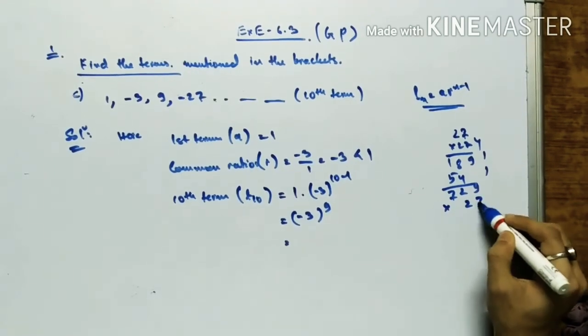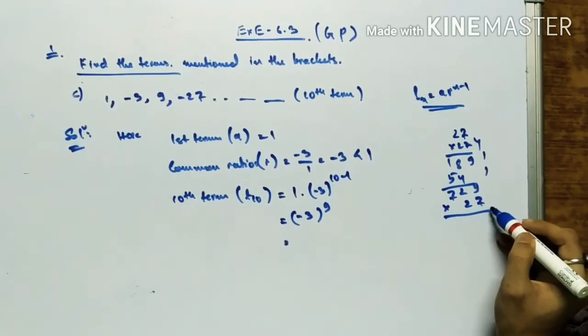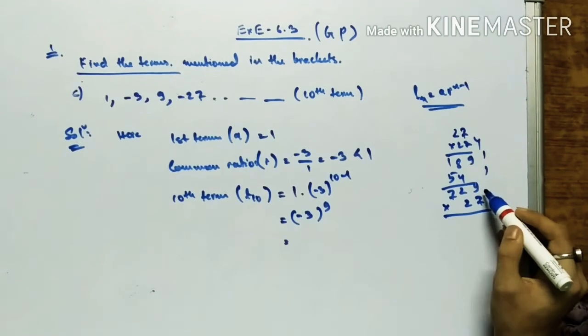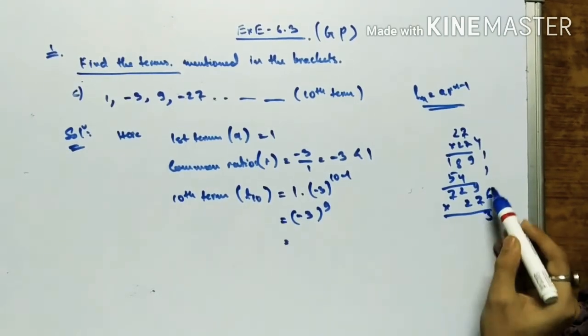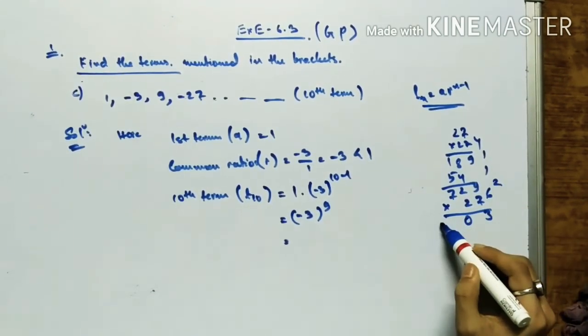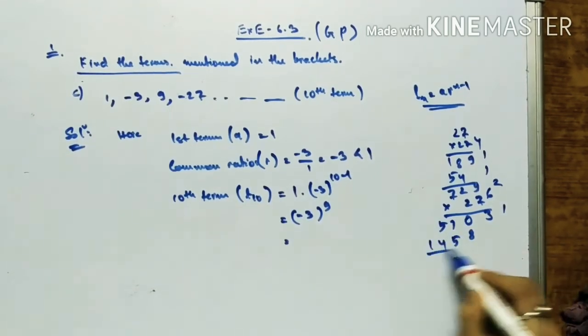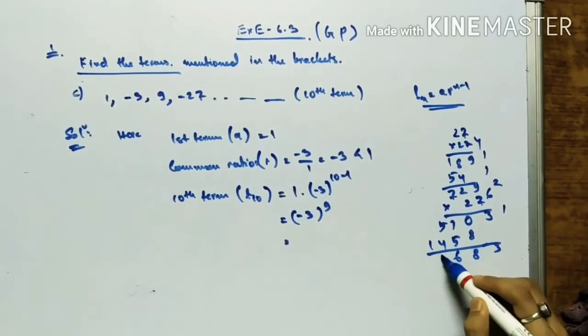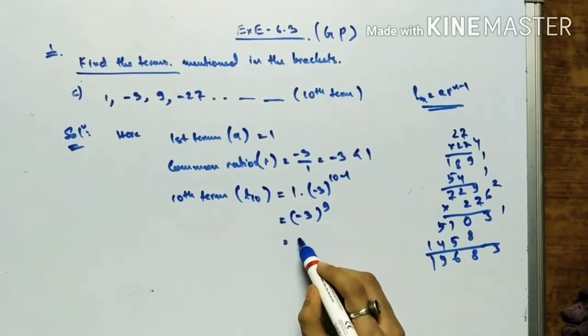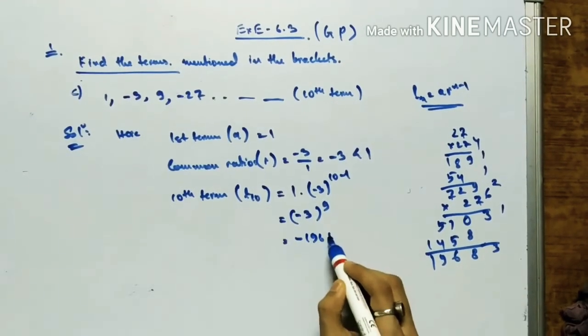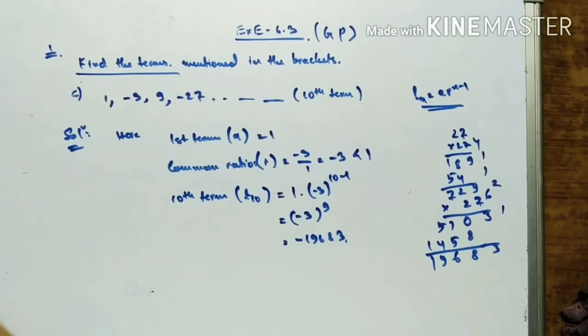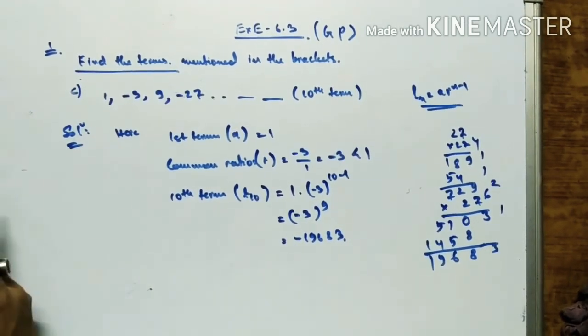Again into 27, 7 9s are 63, 7 2s are 14, and so on. So this is 19683. So my answer will be minus 19683. Let me check the back answer here.